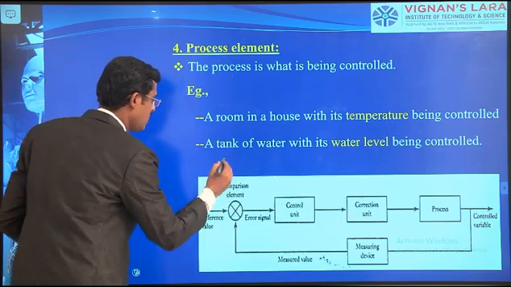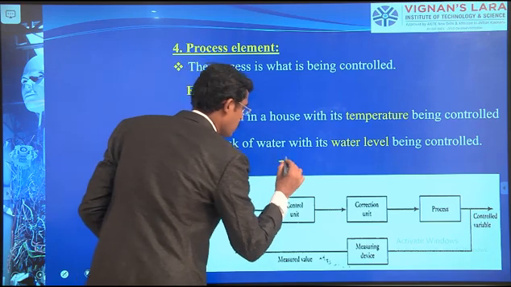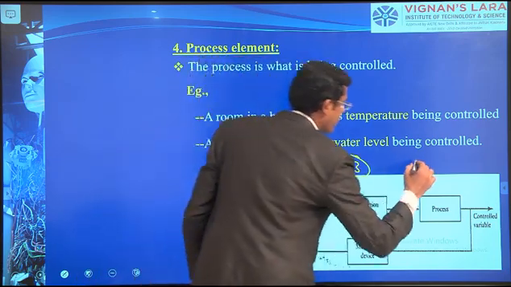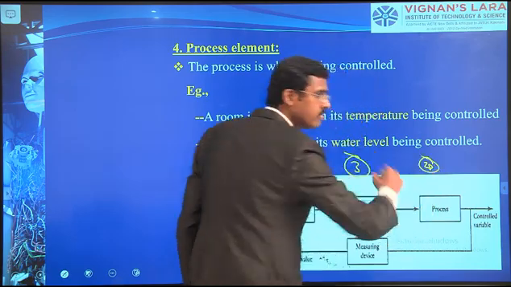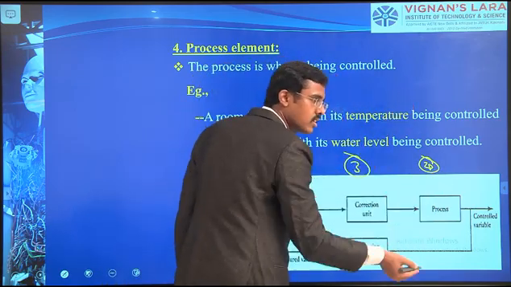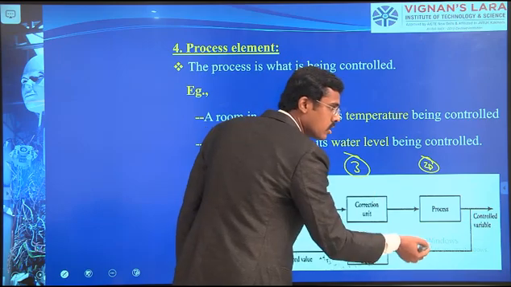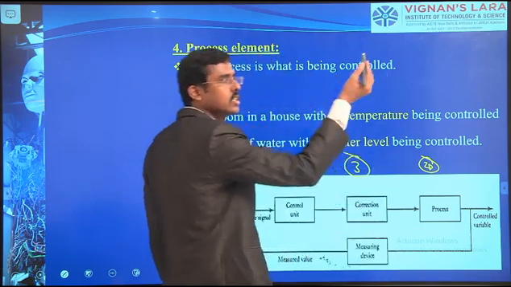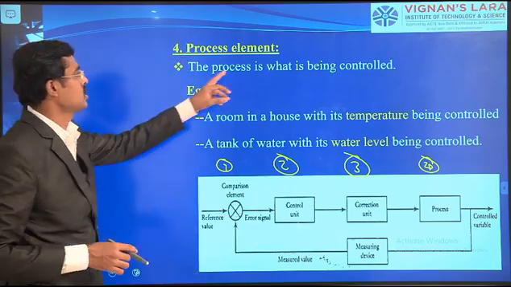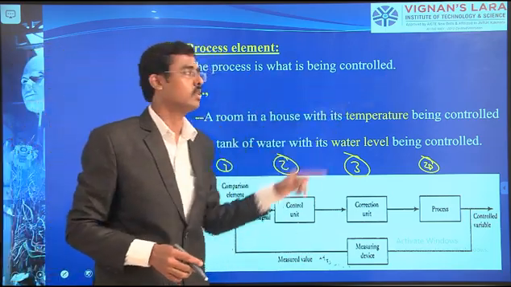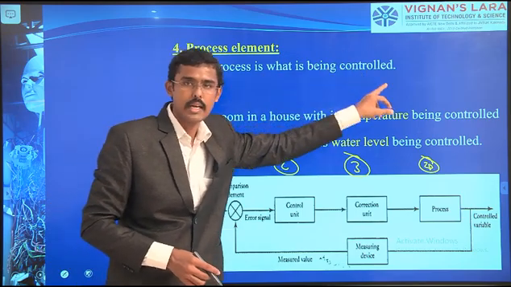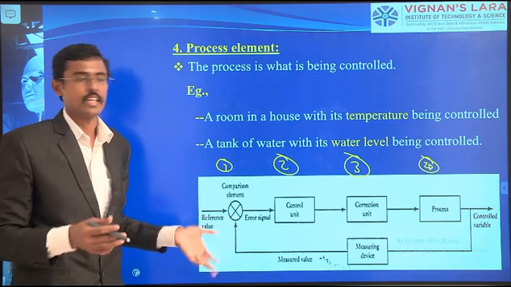So we have seen number 2 and number 3, the switch, the correction element, and finally the process. Maybe a heater. When the switch is on, the heater is on for the room increasing or decreasing. Right? A motor is on, the motor functions to increase the water level, or it will be off. The process is what is being controlled, the motor or maybe an AC, electric motor or heater we can consider.